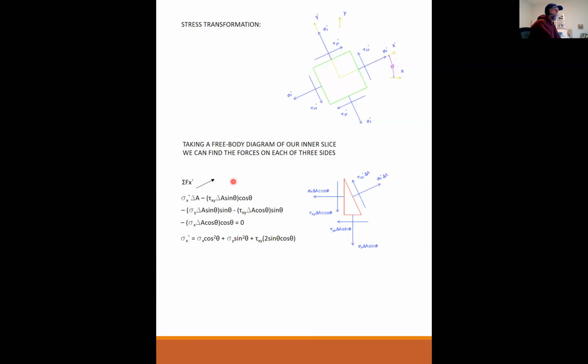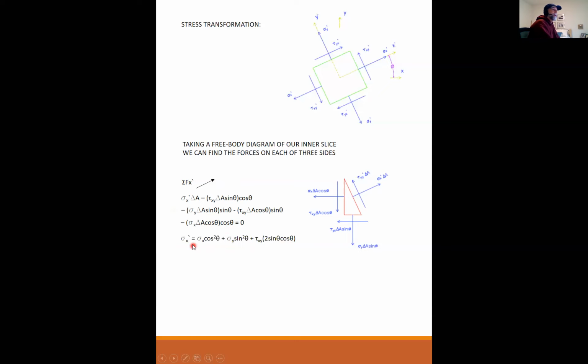So I can take all of this and whittle it down to something much simpler. Sigma x prime is equal to sigma x cosine squared theta, plus sigma y sine squared theta, plus tau xy 2 sine and cosine theta.